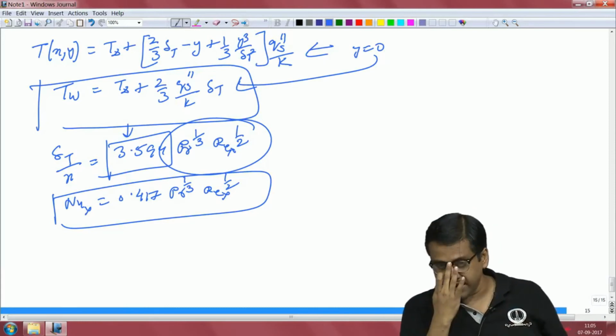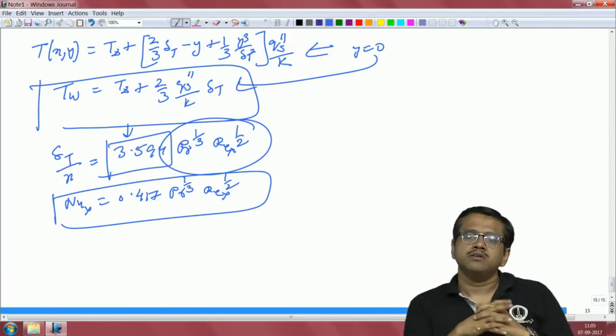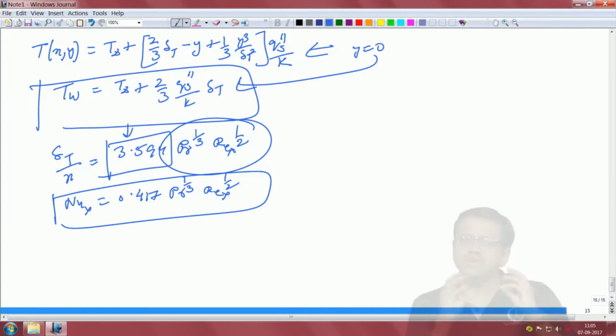So, let us just recap what we just did. Let us take the momentum equation. We integrated out the y variation completely, using Leibniz rule and the pre-existing boundary conditions. As soon as we were able to integrate out the whole thing, we got an expression which depends only on x.